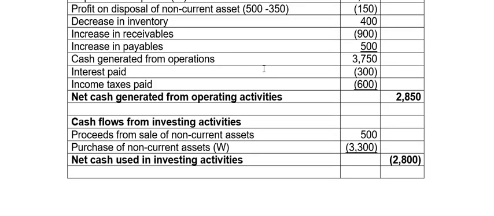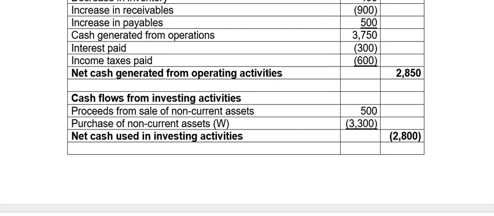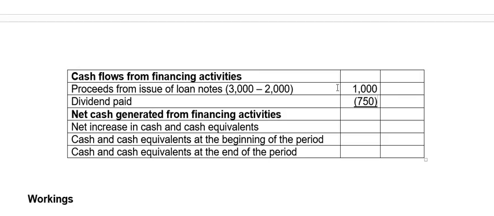If the ordinary share capital balance had increased in 2004, then of course we would have to find out the proceeds that were received from the issue of shares. But in this case, the balances are the same. So these are the only financing activities we have. So 1,000 plus negative 750 gives us 250, which is positive.